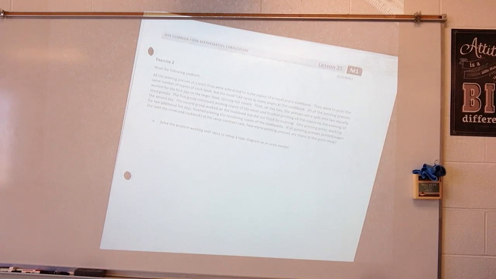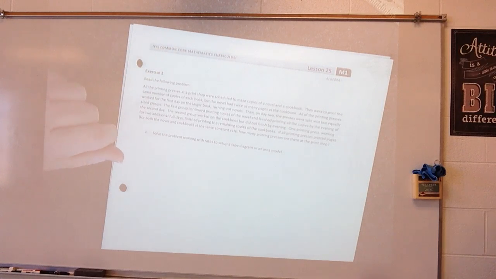Will more novels be printed than cookbooks or less? It says neither. It says the same number of each will be printed. How many pages does the novel have compared to the cookbook? Well, if you go back and look, it tells you that the novel has twice as many pages as the cookbook.